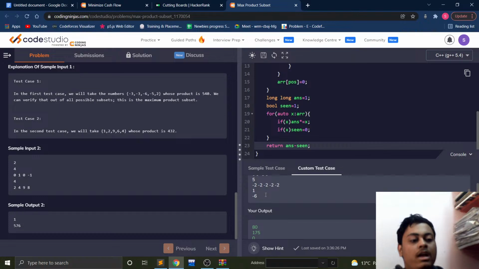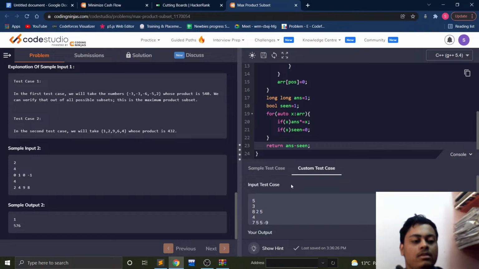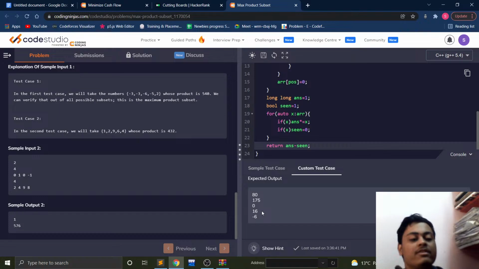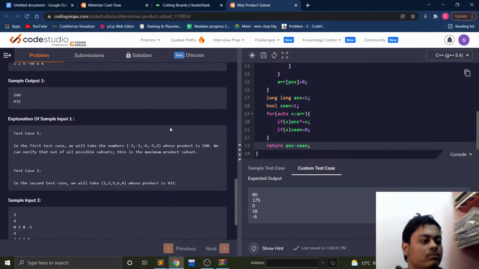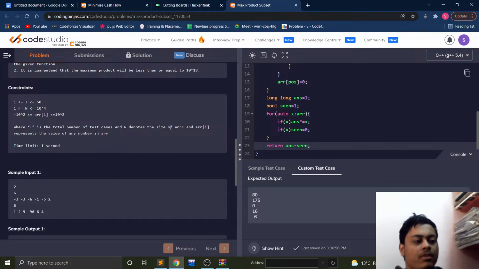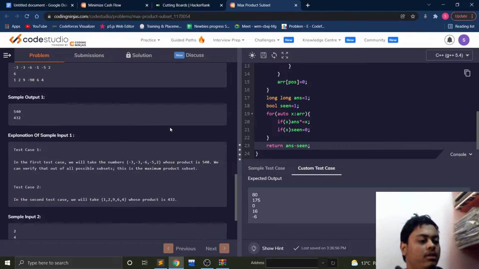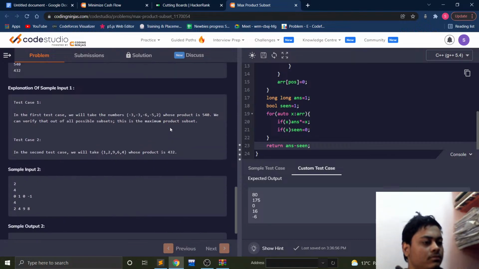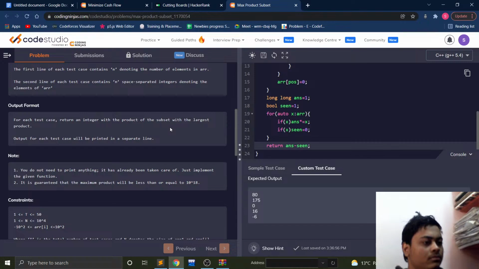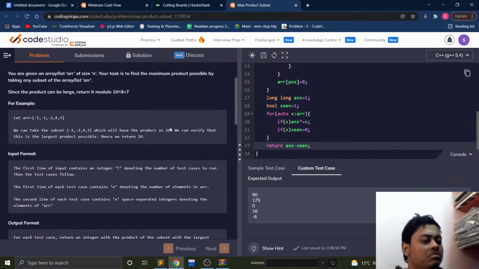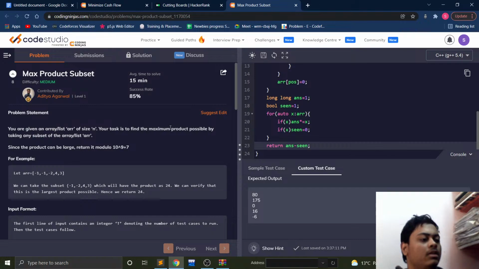Finally, I have only one value, -6. It should also give 0, right? Expected output is -6. Ah, because I have a single value. I thought for a single value we can also take the empty set. But taking the empty set doesn't make sense here, I guess.